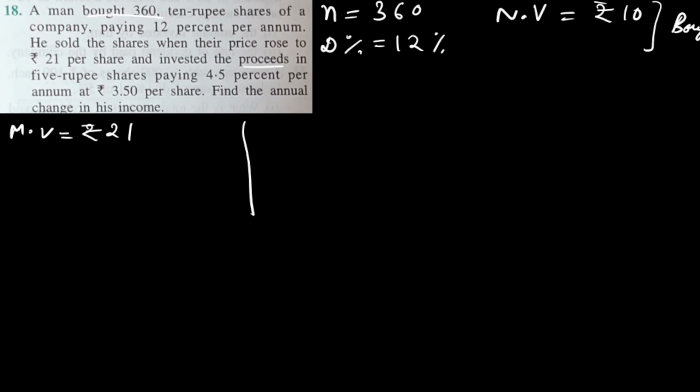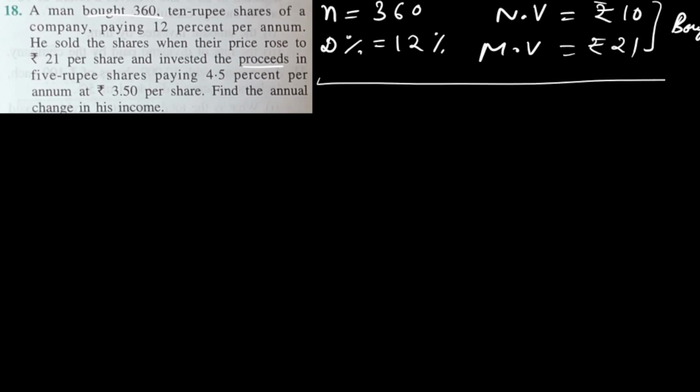Here he sold, so MV here is rupees 21. There is one company whose 360 shares this person has purchased. The company is paying 12% dividend. So when the share price rose to 21, he invested this in a 5 rupee share.